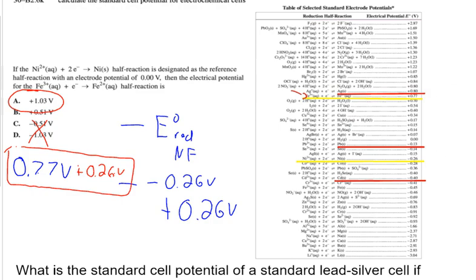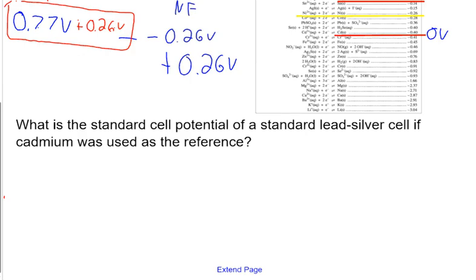I've set everything up in red for this question. Cadmium is going to be our new zero, and that's at negative 0.4 volts. So we have to subtract a negative 0.4 volts from everything, or add 0.4 volts to any of our cathode or anode half reactions. So let's do this both ways. What if we never switch the reference, and with switching it?